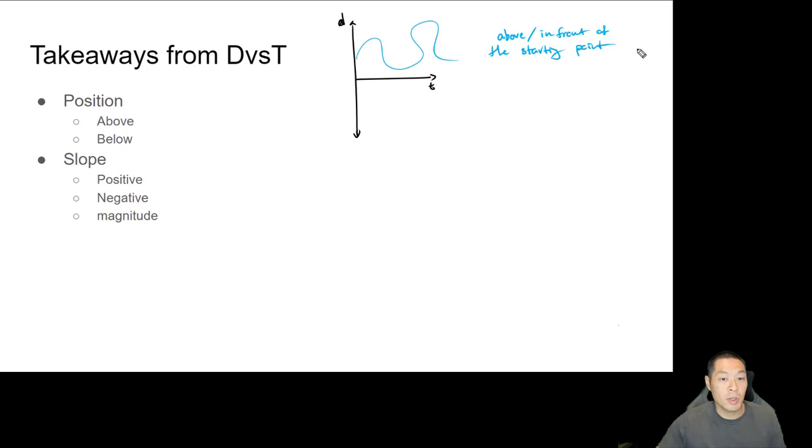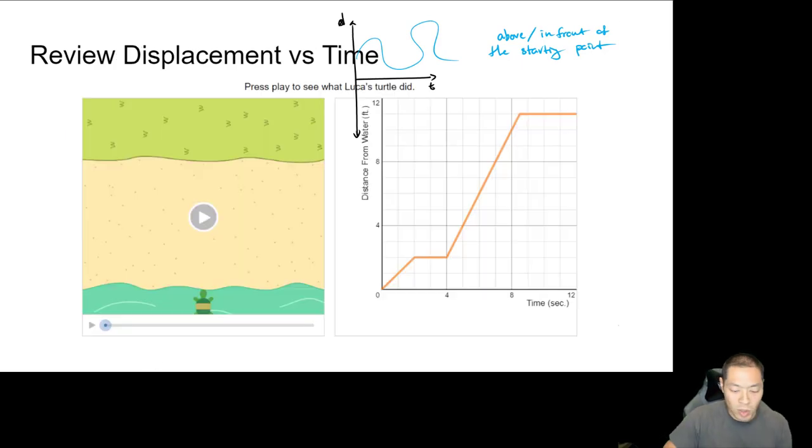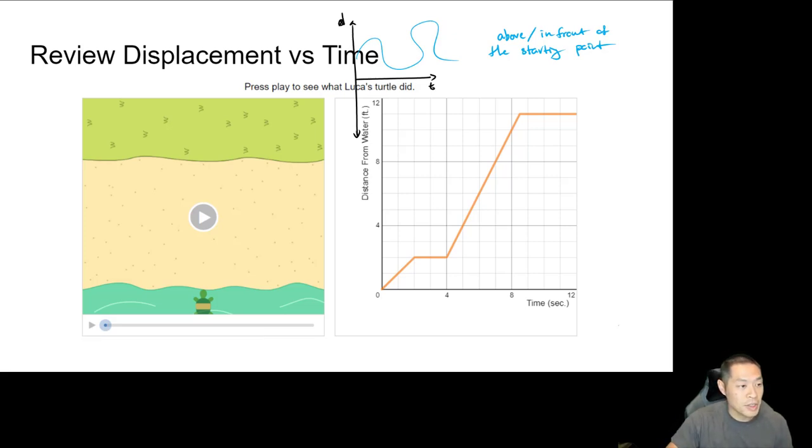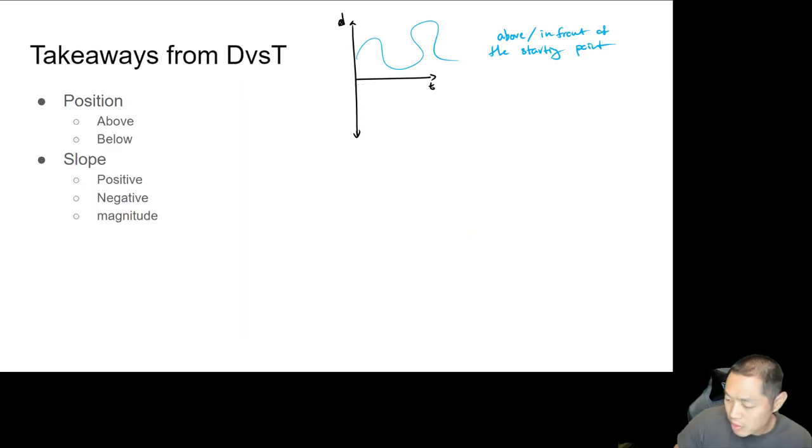So what does that mean? In the case of the turtle, if this is the starting point, it's always in front. The turtle never goes back into the water. So if you have a graph that's all positive or above the x-axis, the turtle's over here. Now, if you had a graph that's below, and this is one thing I wish the program had, if you had one that's below, so let me draw it here.